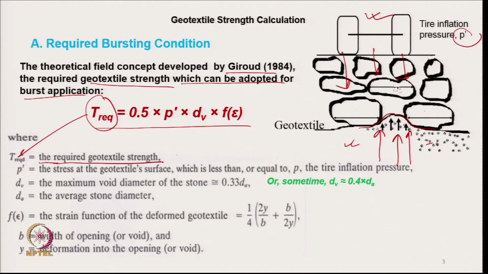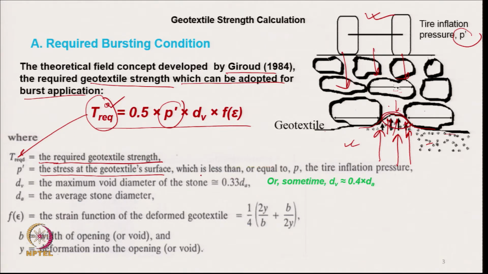That is, the strength required in geotextile is given by half into P dash. P dash is the stress at the geotextile surface. This is the stress generated on the geotextile surface.